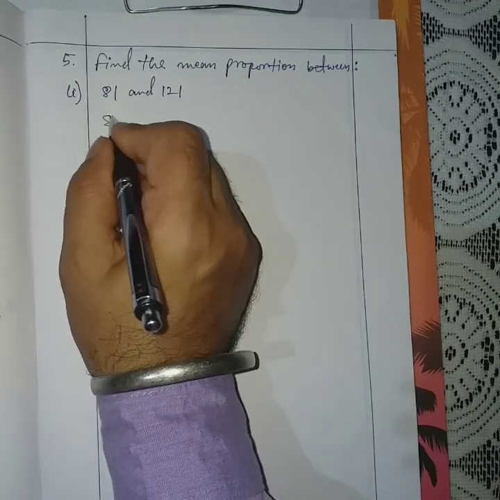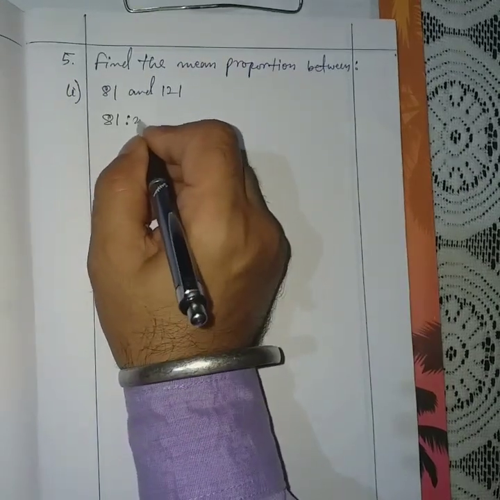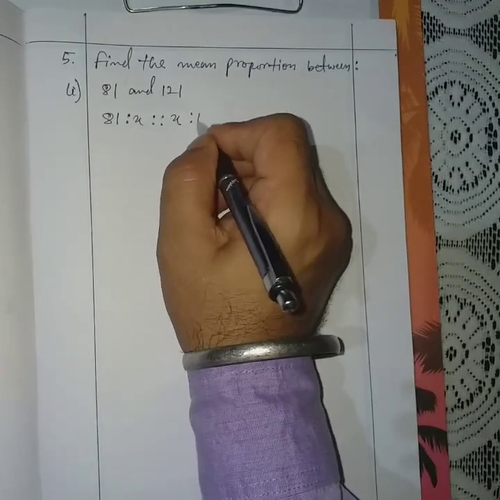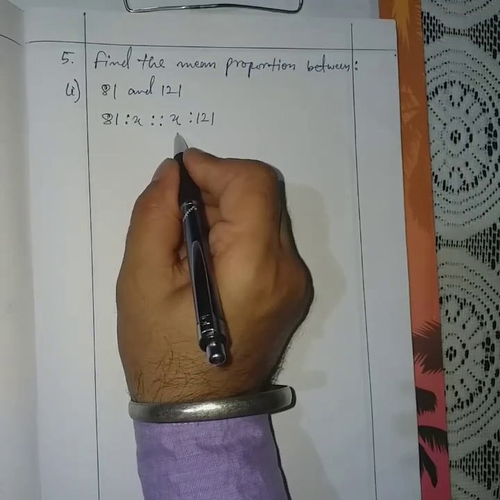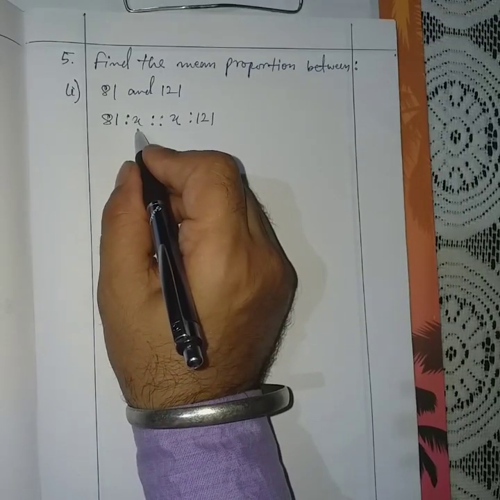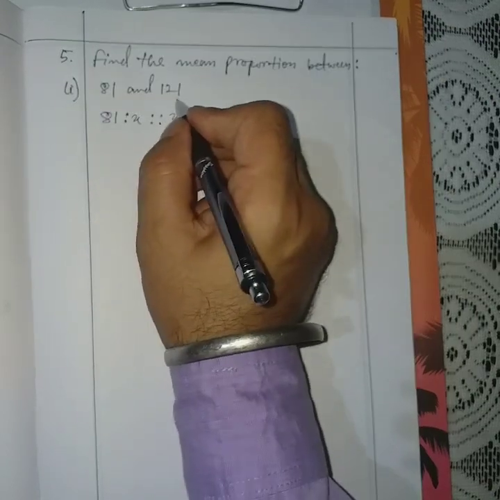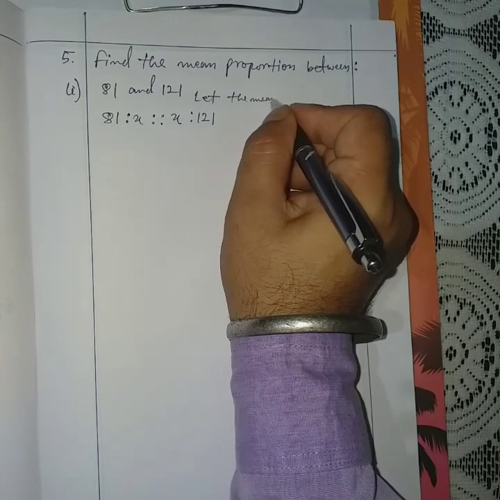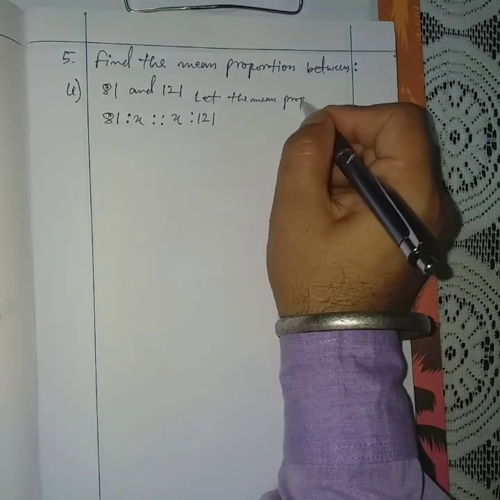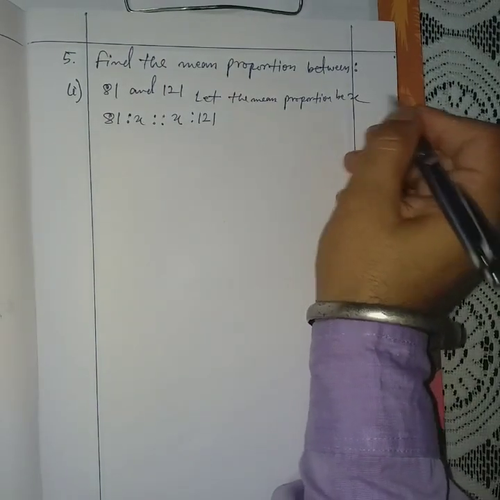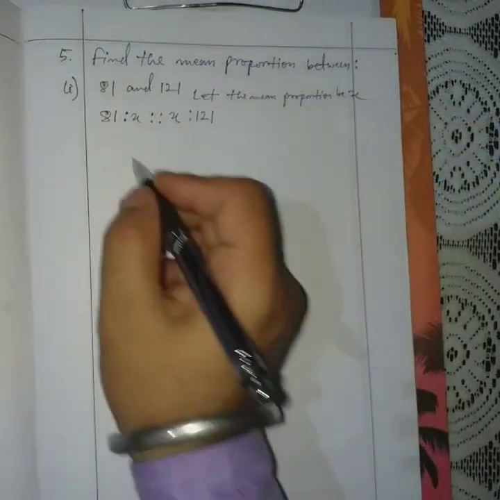So this we can write as 81 is to x as x is to 121. We have to find the mean proportion, so that is why we wrote x here. So we can assume, let the mean proportion be x.